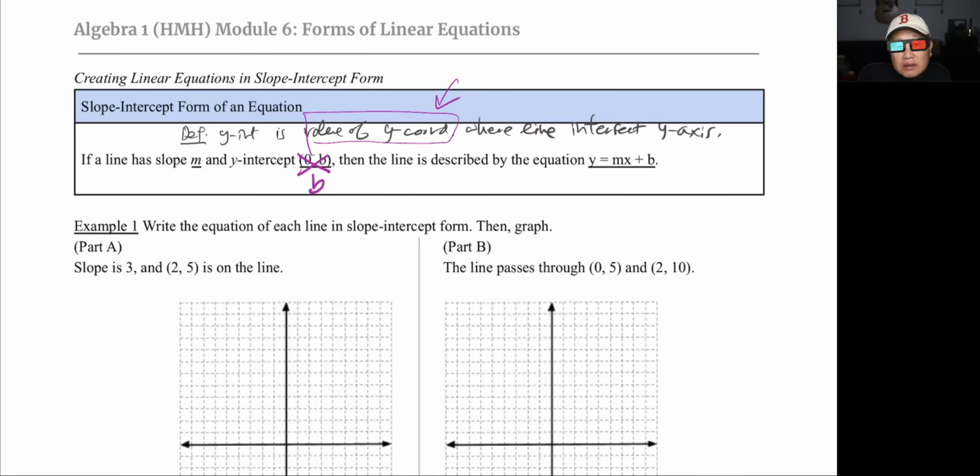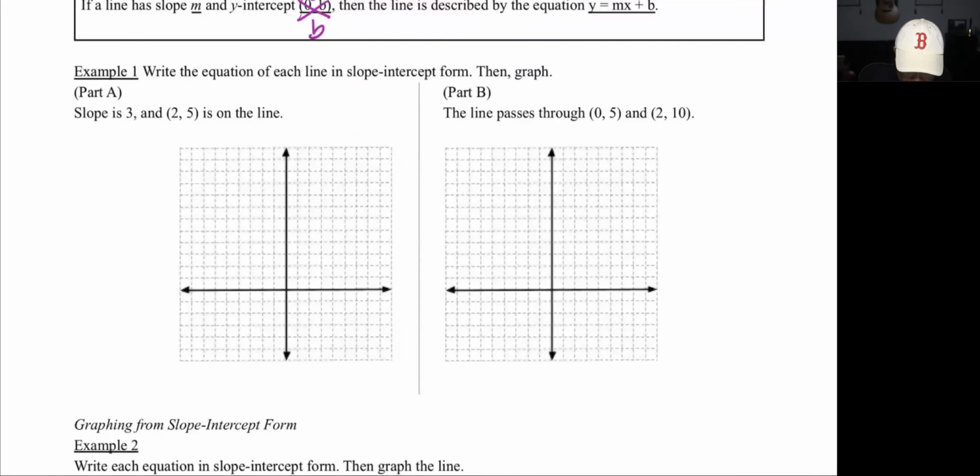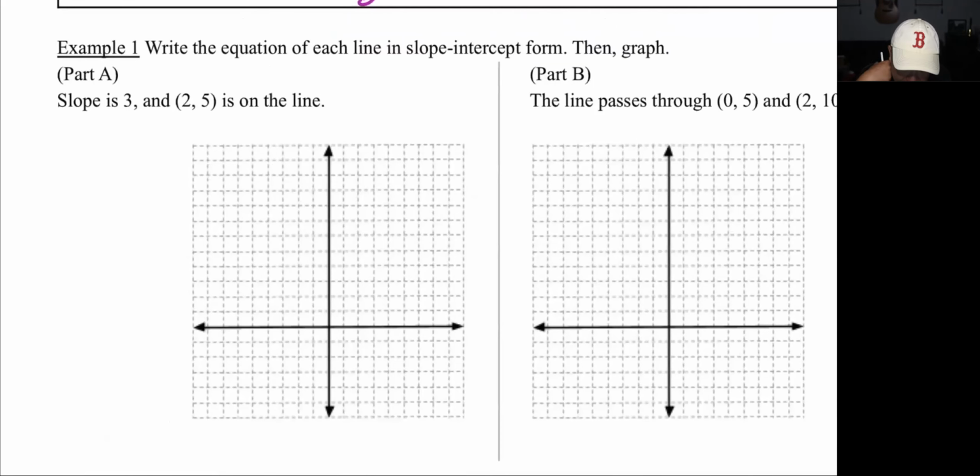Okie dokie. All right, guys. Now let's focus on the example question right here. Write the equation of each line in slope-intercept form and then graph. Well, there are a couple of ways to do this actually. Let's look. The slope is 3 and the point is (2, 5).